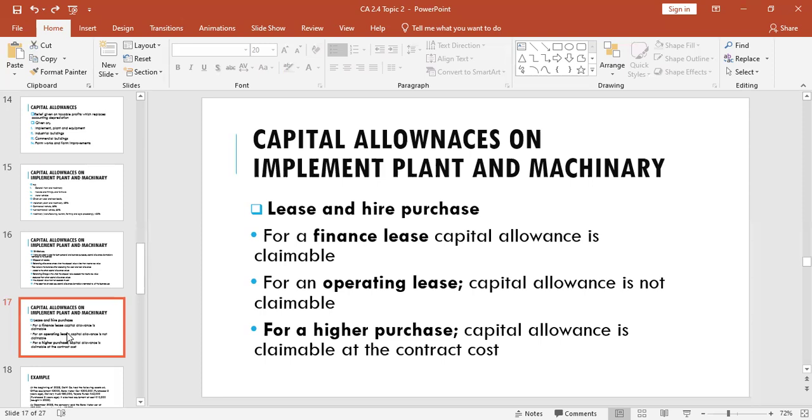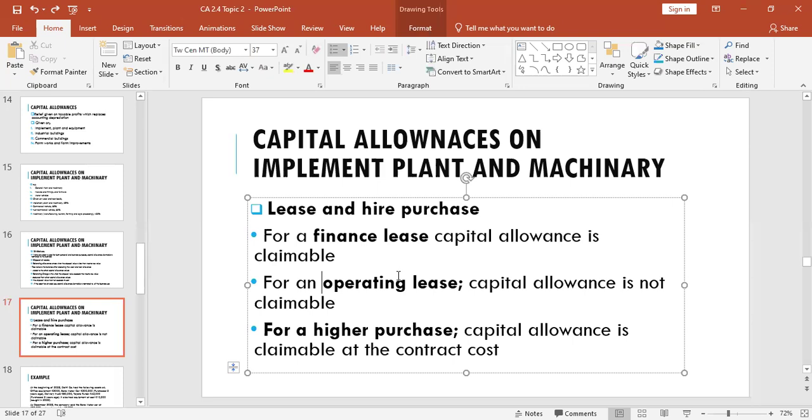So it's treated as your own asset, and capital allowance is claimable. But for an operating lease, this is where you just get an asset, but the costs and benefits associated with that asset accrue to the owner of the asset. Then this is not claimable for tax purposes. Capital allowance is not claimable.